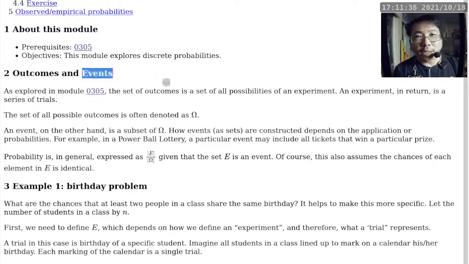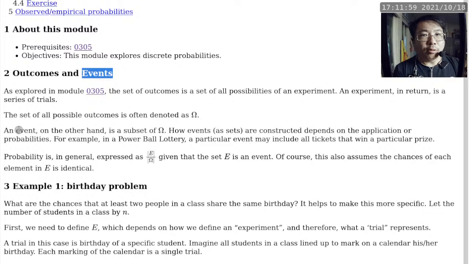Events, on the other hand, is something that we have not talked about, so we're going to talk about events now. An event is a subset of big omega. That's the first thing. In this case, omega is the set of all possible outcomes. It includes both permutation and combination. Collectively we use omega to represent all the possible outcomes.